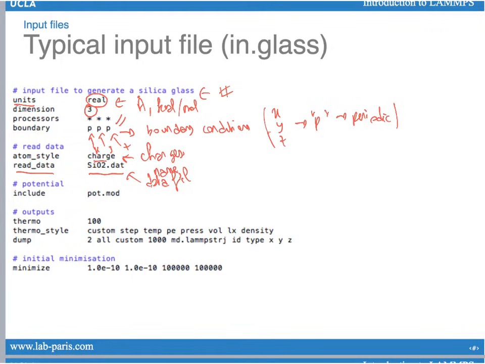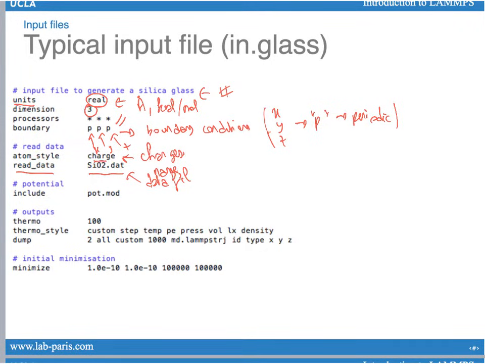So here you would put the name of the file where you have put all the information about the system geometry and the initial position of the atoms. At this point, LAMMPS will stop reading the main input file, will load the data file, will read all the information of the data file, and will save them. And then once this is done, we'll continue reading line by line the main input file.